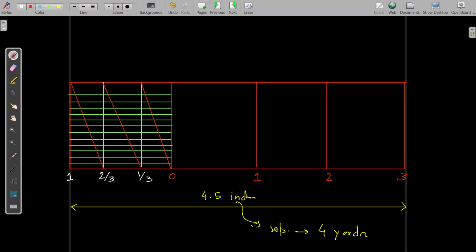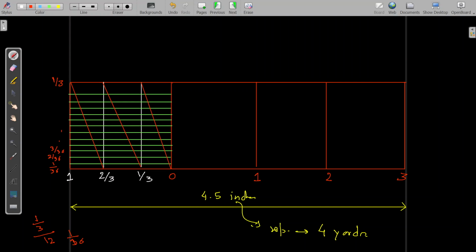Okay, now see, this is 1 by 3 yard, and again you are dividing this 1 by 3 yard into 12 equal parts, so this will come 1 by 36. So this will be 1 by 36, and again 2 by 36, 3 by 36, and similarly here it will come what? 1 by 3.